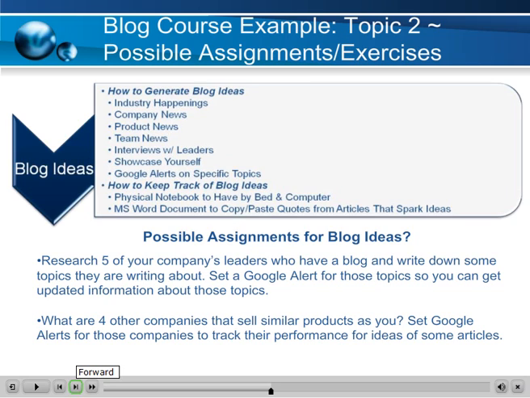I'm not talking about anything but what you see here with company news, industry happenings, setting Google alerts on specific topics. I'm honing in on those subtopics that are right above what I'm saying here with these possible assignments. So seeing all this together and having it all in one place really lets me understand what I'm doing, and I can align everything together.